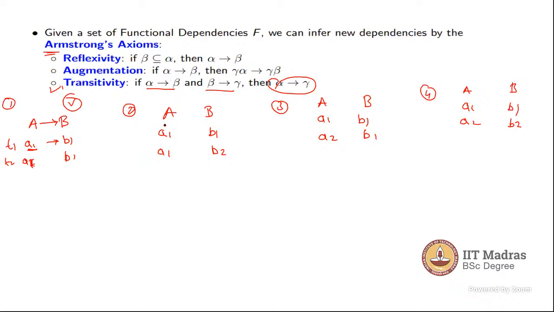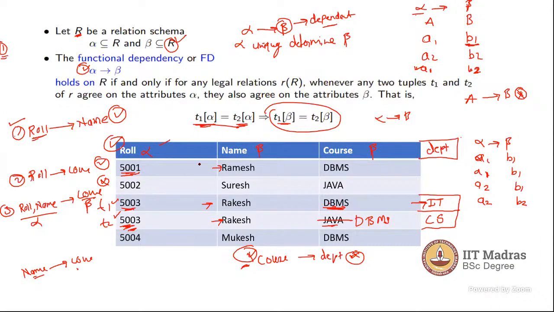My meaning was that T1 and T2 look like the same tuple. Yes, it looks the same because we are only comparing A and B, but there may be more attributes. If you consider only roll number and name, these two are the same, but there is one more column, the course, having DBMS and Java.